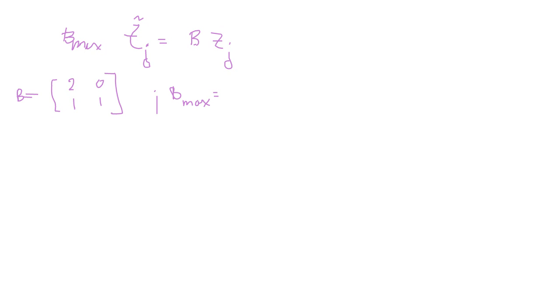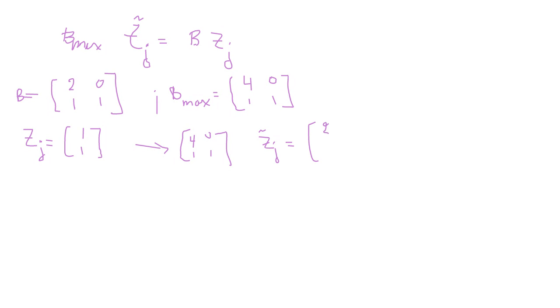Let's say this has a larger determinant, for instance. And let's say that the old Z was equal to 1, 1. So the new Z solves this system: 4, 1, 0, 1 equals B times the old Z, that is 2, 1, 0, 1 times 1.